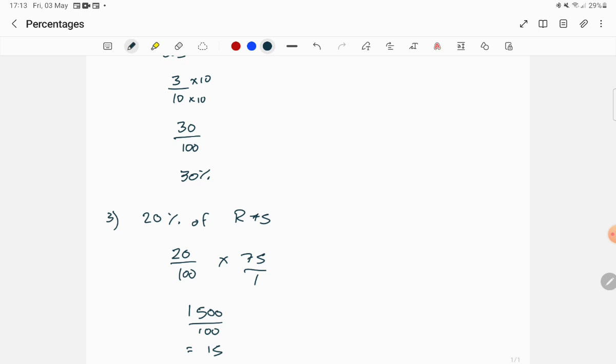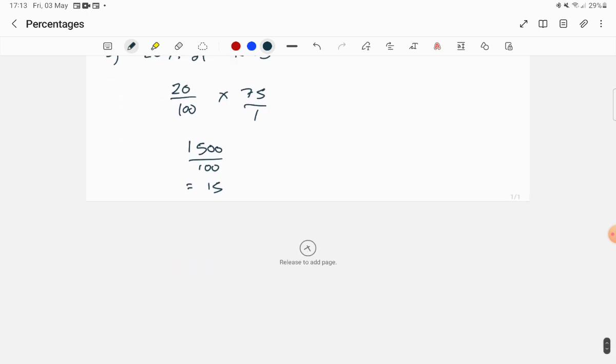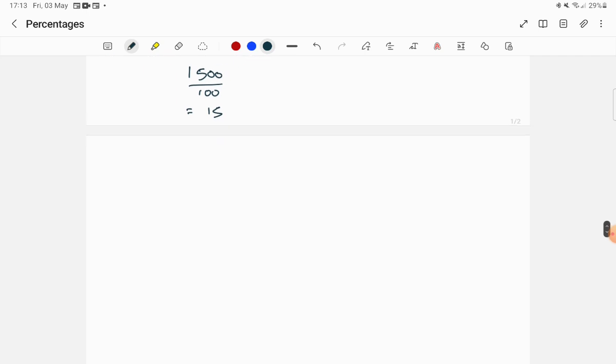Another important part to remember is finding what percentage a part is of a whole.